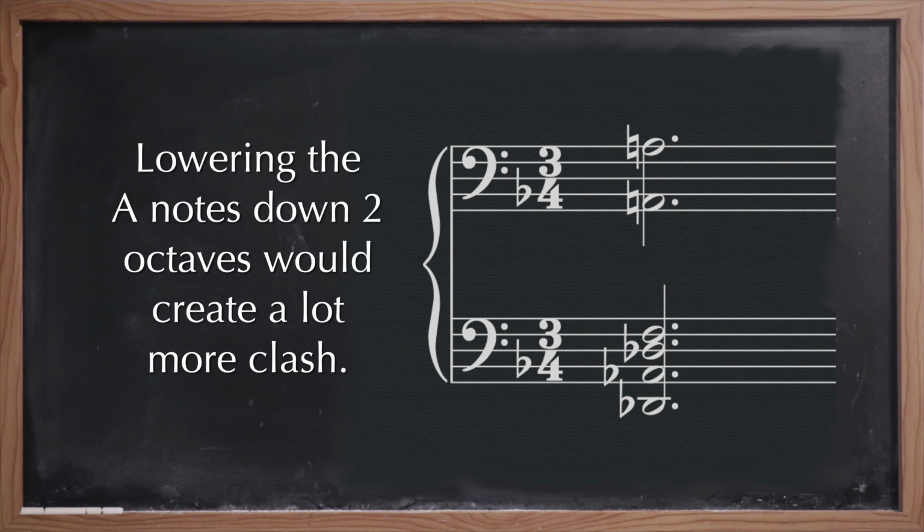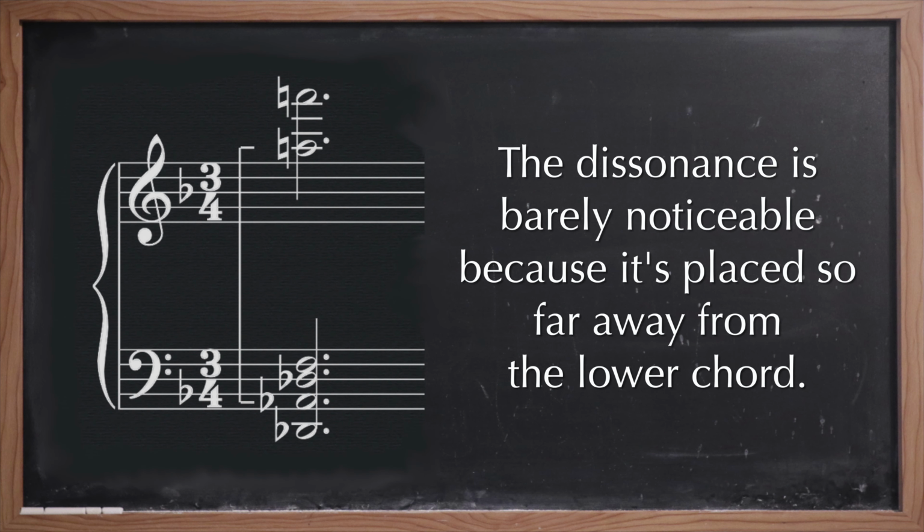Just like with the previous chord, if we lowered this A down 2 octaves, it would clash quite a bit with the A flat note. But again, because this A natural note is placed so far away and so far above the lower A flats, almost no one would even notice this subtle dissonance.